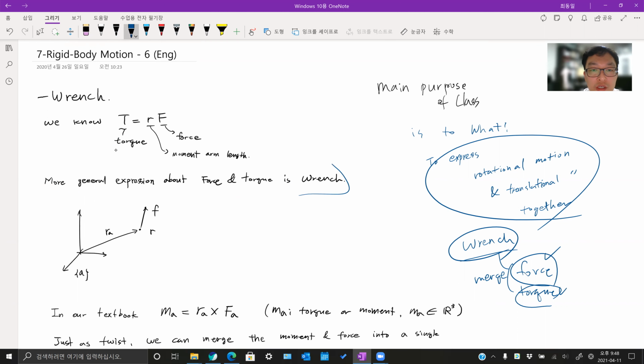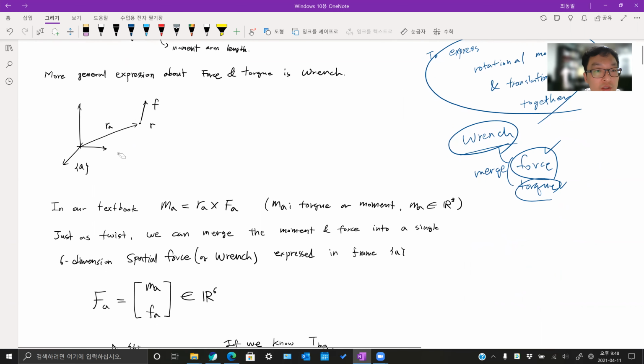So wrench includes these two things, and this concept is the more general expression. So let us think about the A coordinate. There is moment arm vector r_A here, and there is a point r, and there is a force F here.